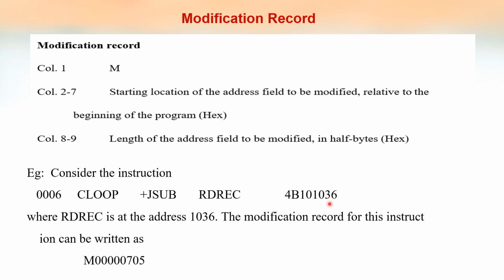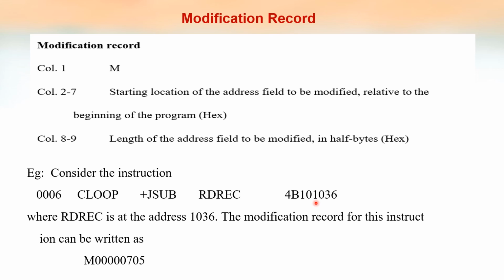Counting the last 20 bits: 4 bits, then 8, then 12, then 16, then 20. So 01036 is the address part. Only this address field requires modification in this instruction. That is, the address starting from 01036, which is 20 bits in length.